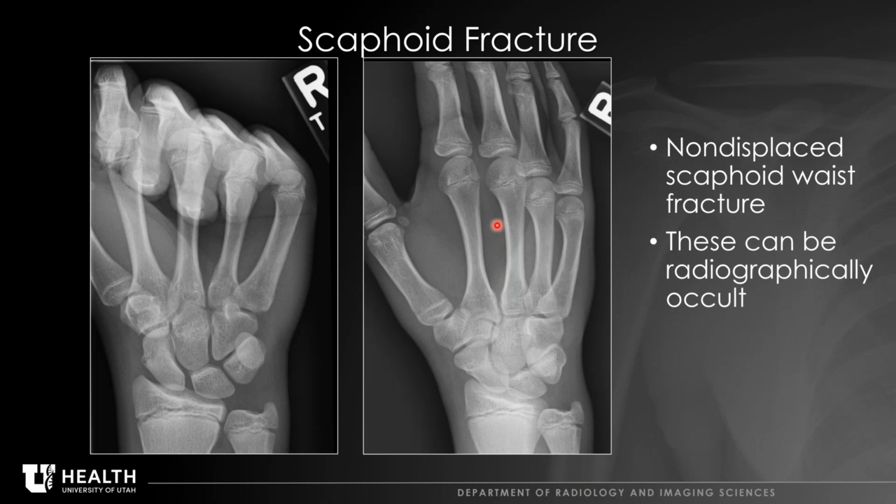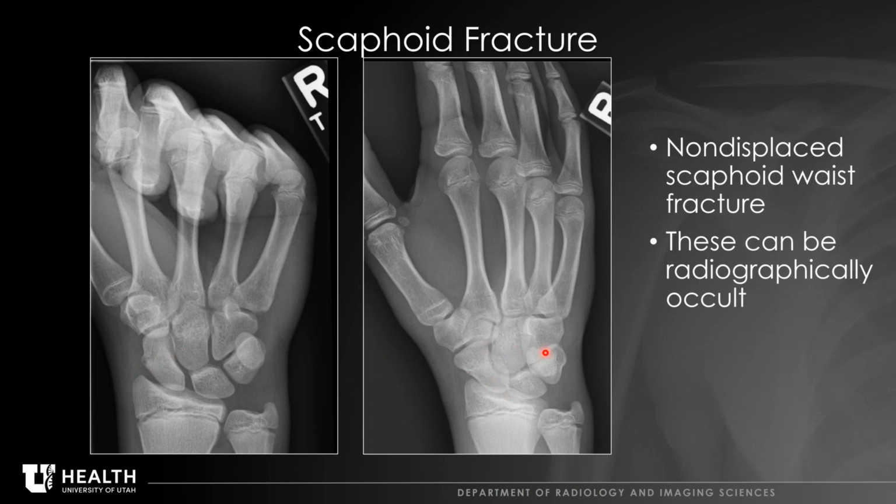And then we have a scaphoid fracture. These are some of the hardest fractures to identify on radiographs because if it's non-displaced, you might not actually see it, just because of the way the bone is laid out in the wrist. So this one we can see on this view right here. We see this disruption of the waist of the scaphoid, but on this view it's harder to see.